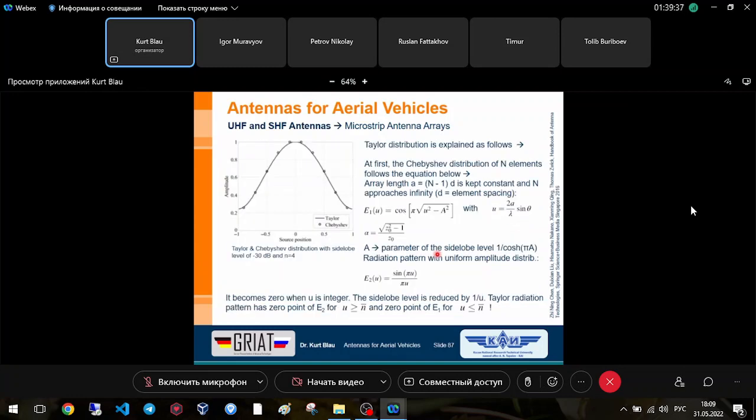I only want to show you, if you make a magnitude distribution of an array consisting here of 3 elements, you can see that you have to excite the single elements with very different magnitudes. And then you can achieve, in this case, side lobe levels of minus 30 dB.